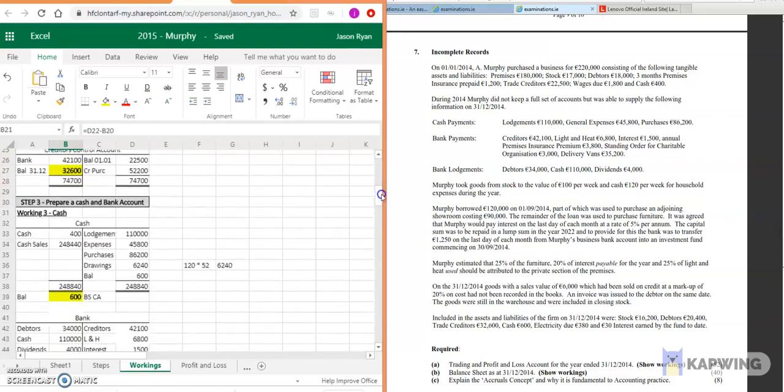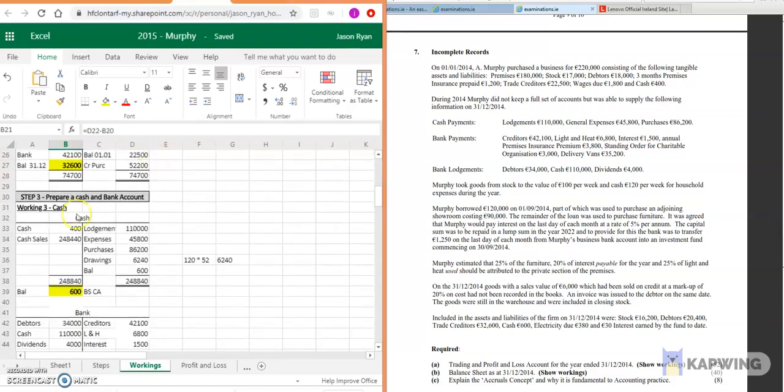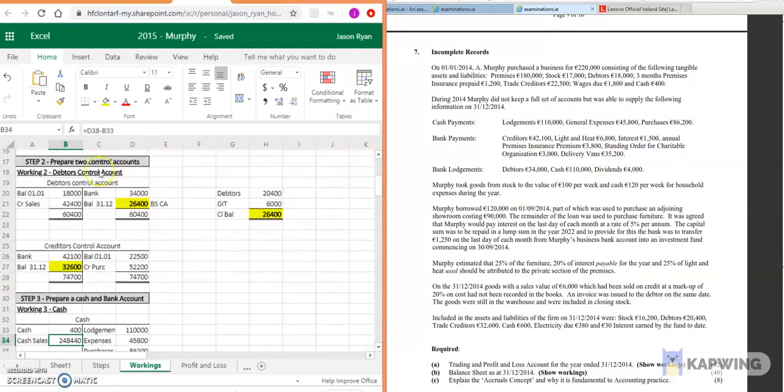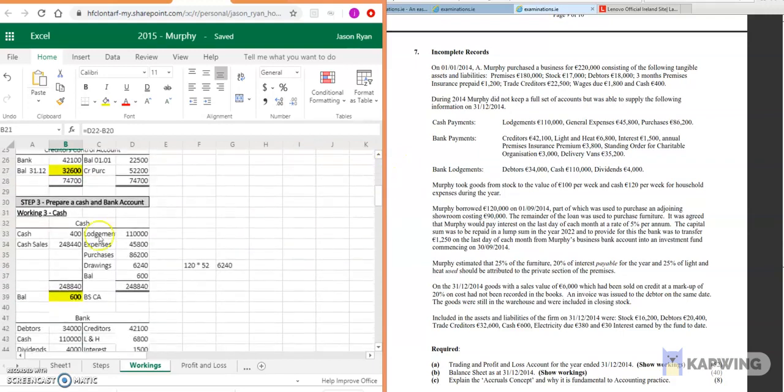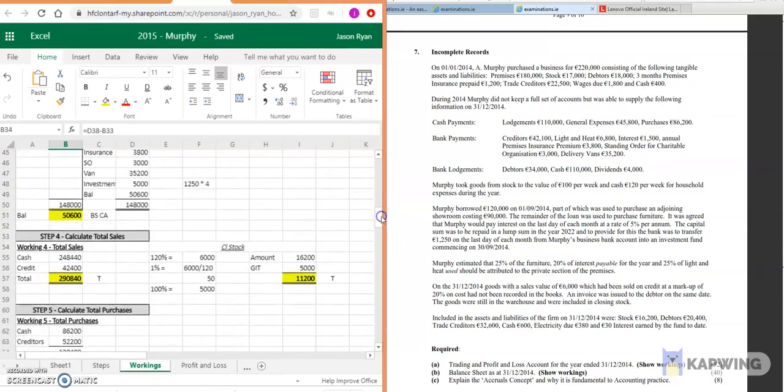And then as part of our cash account here, we would have calculated our cash sales. So, sorry, your credit sales is 42,400 and your cash sales then is 248,400. So you're going to add those two together, and that's going to give your total sales to be 290,840. That goes into your trading.